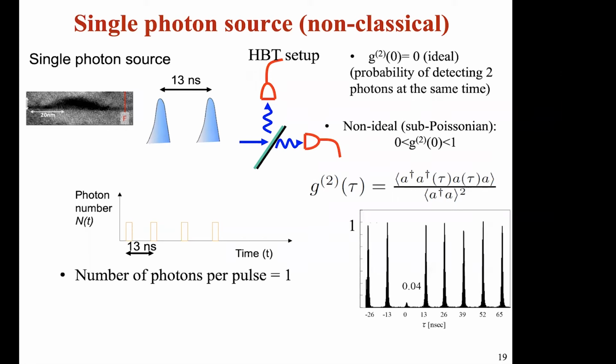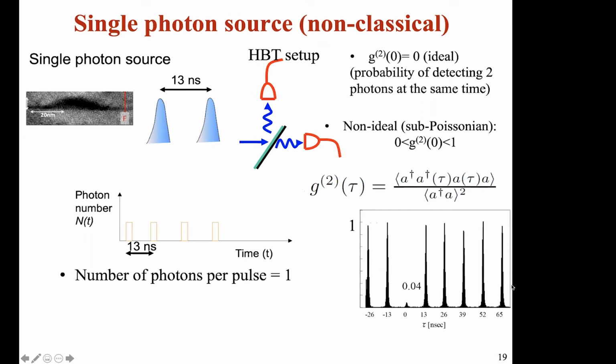Yeah, exactly. So if you are doing that, and you have a single photon source, then obviously you cannot really have two photons at time 0, right? Because tau converges to 0, which means that this goes to 0. But you can have one photon at time 0 and one photon at time 13 nanoseconds times n, which means that this peak would exist at integer multiples of 13 nanoseconds.